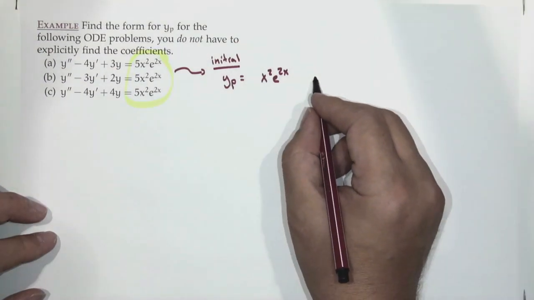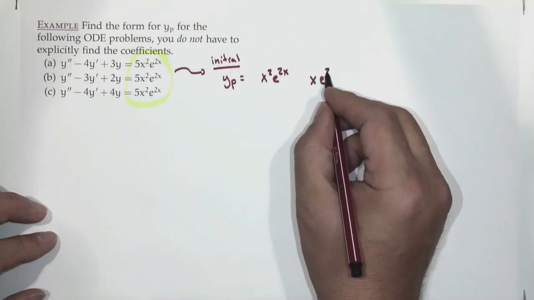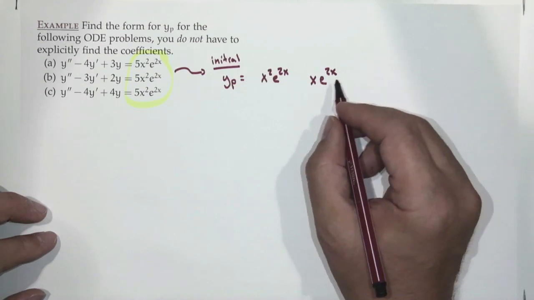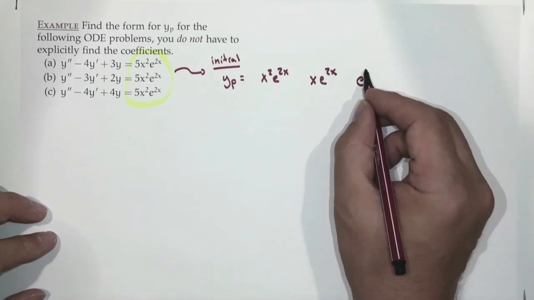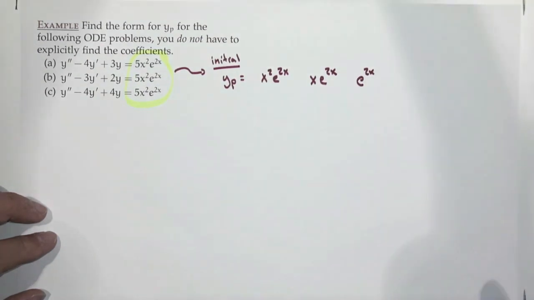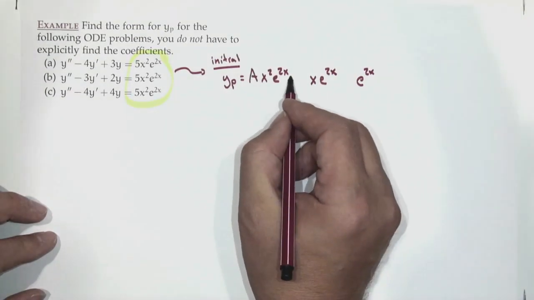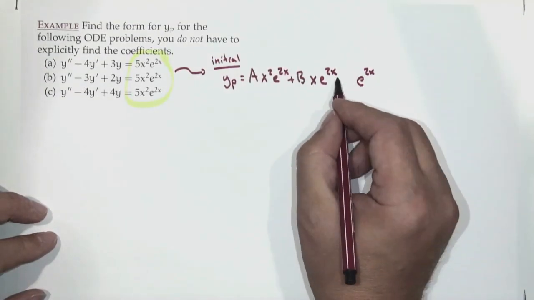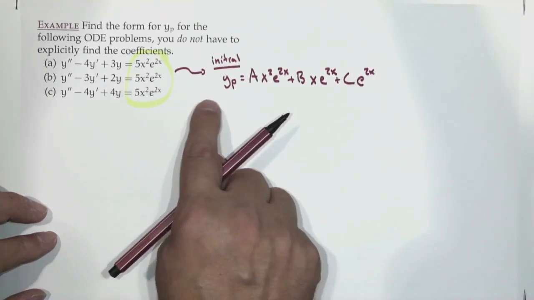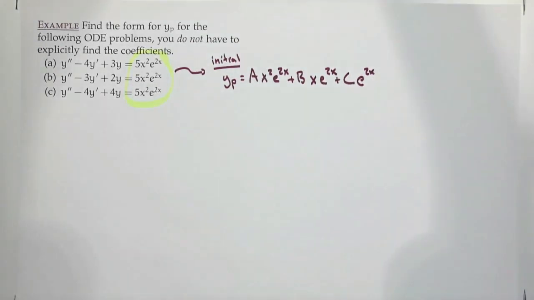Yeah, the x powers have to go down. x e to the 2x, then it would be e to the 2x, x to the 0. So our initial guess, our form, I should say, for y sub p would look like this. We don't need to worry about sines and cosines because there are no sines and cosines, which is good.